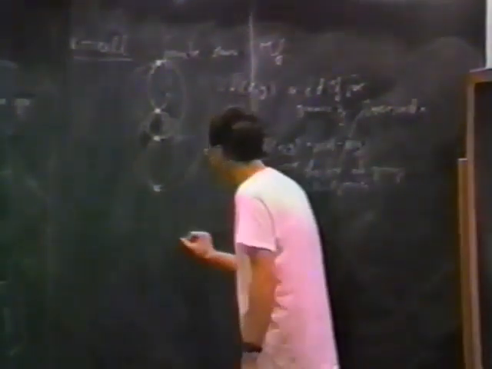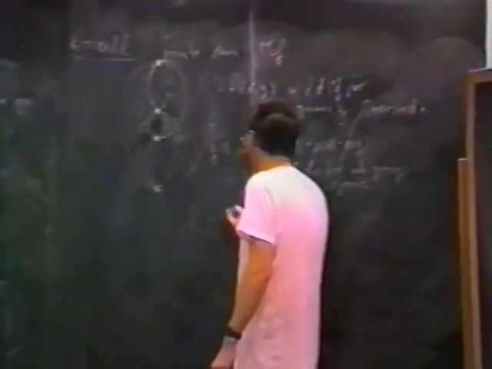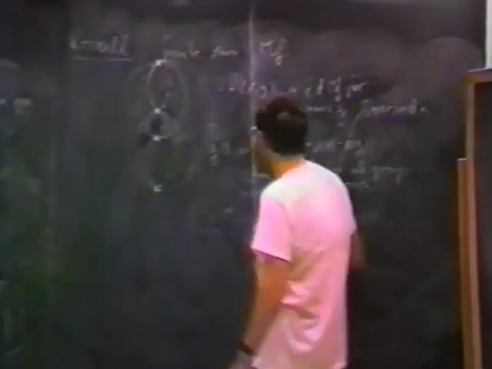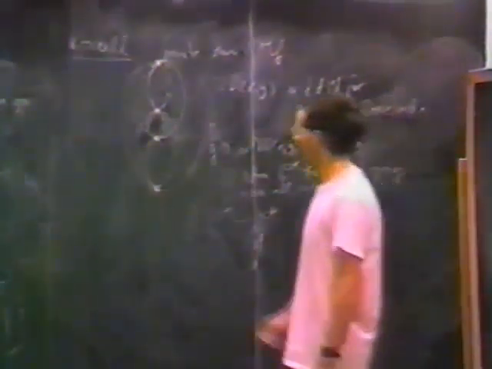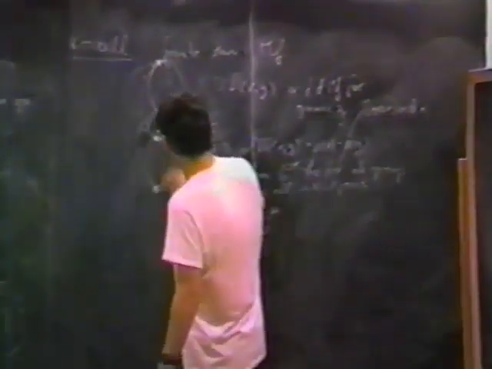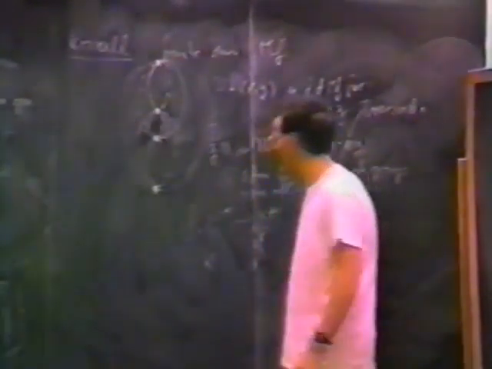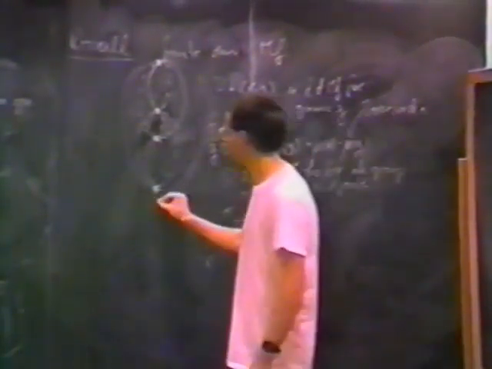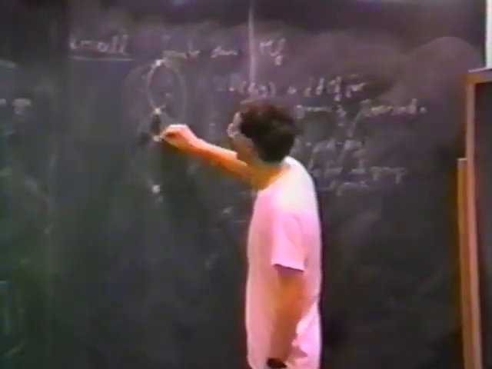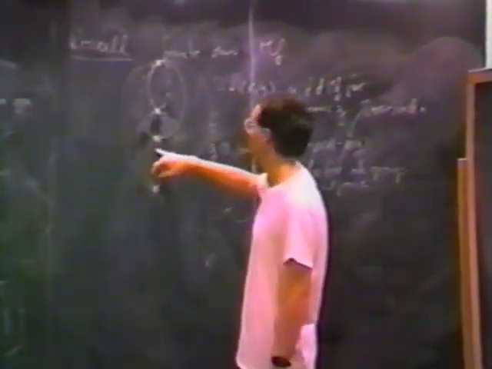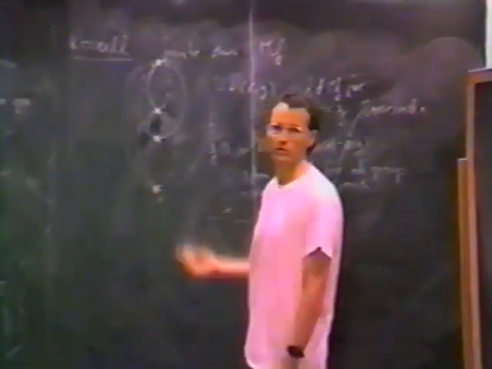And then I define an operator delta from C star to C star in the following way. If I take any critical point x, then I look at all trajectories which go to critical points of the next higher index, and I just count them.